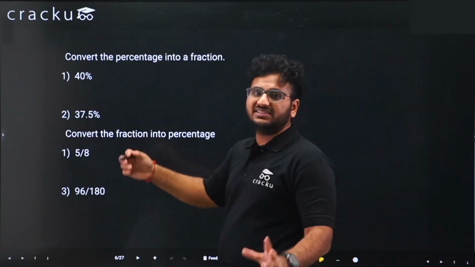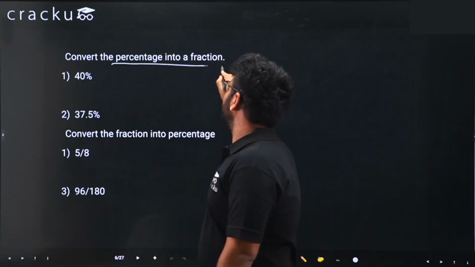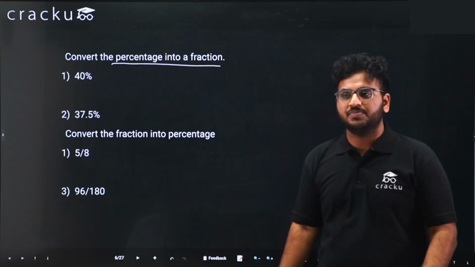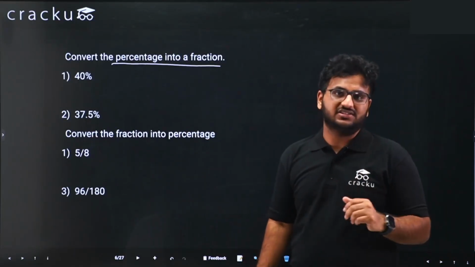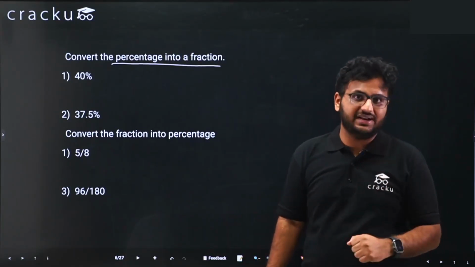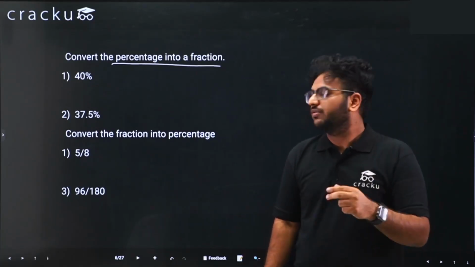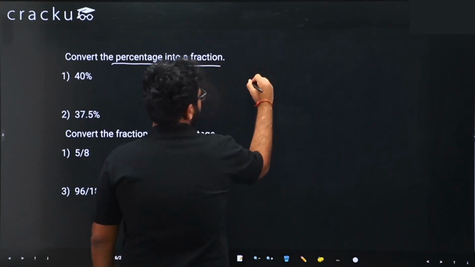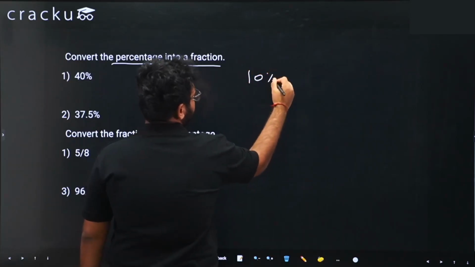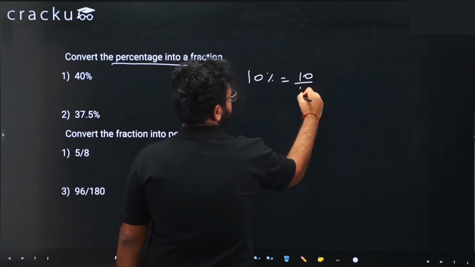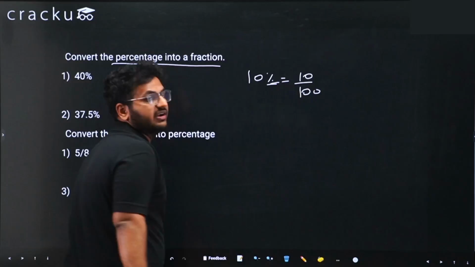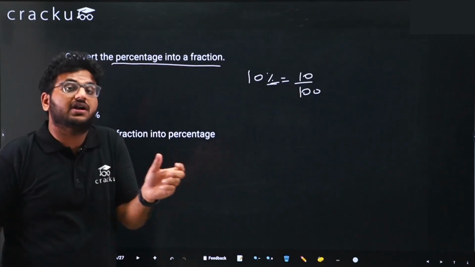Now let us see some questions. So convert this percentage into a fraction. Okay. So let us take 10%. So 10% is what? 1 by 10. So 40% would be what? 10 into 4. So let us see. 10% is what? 10 by 100. Percent is what? Everything divided by 100, per 100.